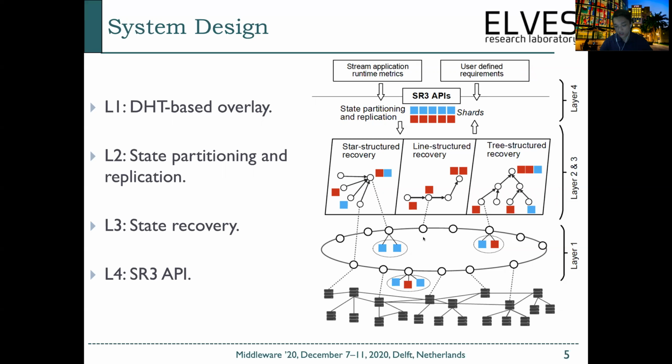In this network, the relationship of each node is peer-to-peer, so we use this ring overlay to present the P2P relationship between different servers in the network. Layer 2 is the state partition and replication.